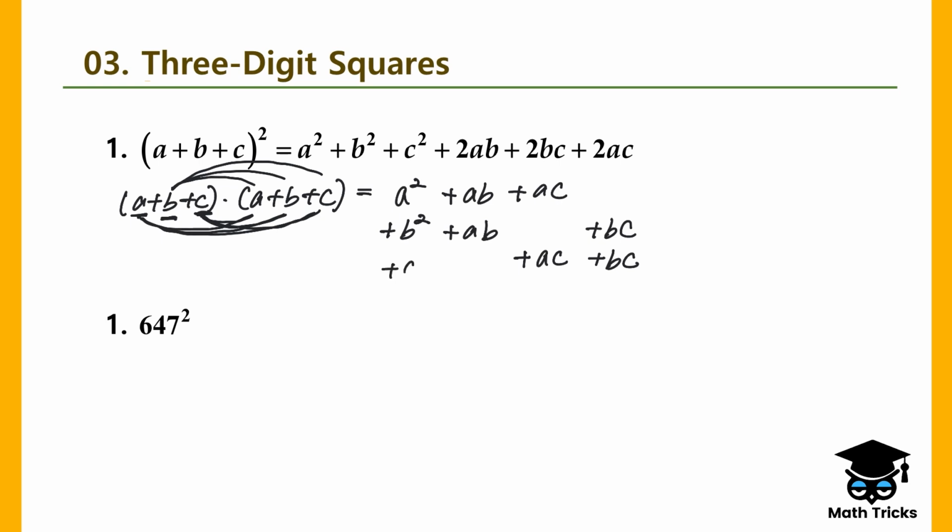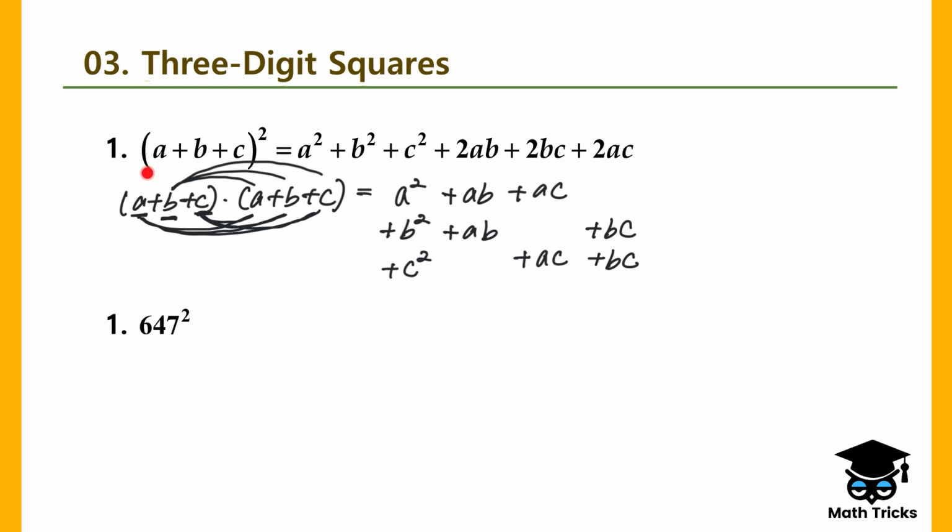So plus c squared. And if we add all of those terms together, then we'll have a squared plus b squared plus c squared, and ab plus ab, that's 2ab, right? bc plus bc, that's 2bc, and ac plus ac, that's 2ac, right?